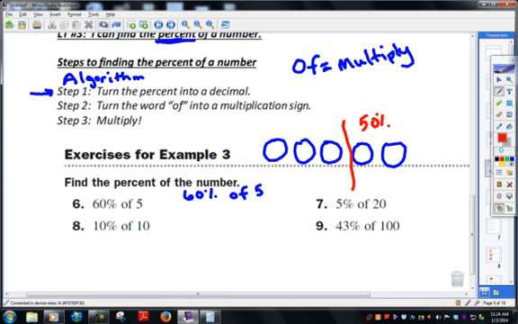I want to start doing that every time. I want to make a prediction so that you guys can actually think about your answers when you get them. Because a lot of times, when I'm grading your tests, there are answers on there that make no sense at all. I say, they just made a silly error. But why didn't they look at their answer and say, that answer doesn't even make sense with the problem?